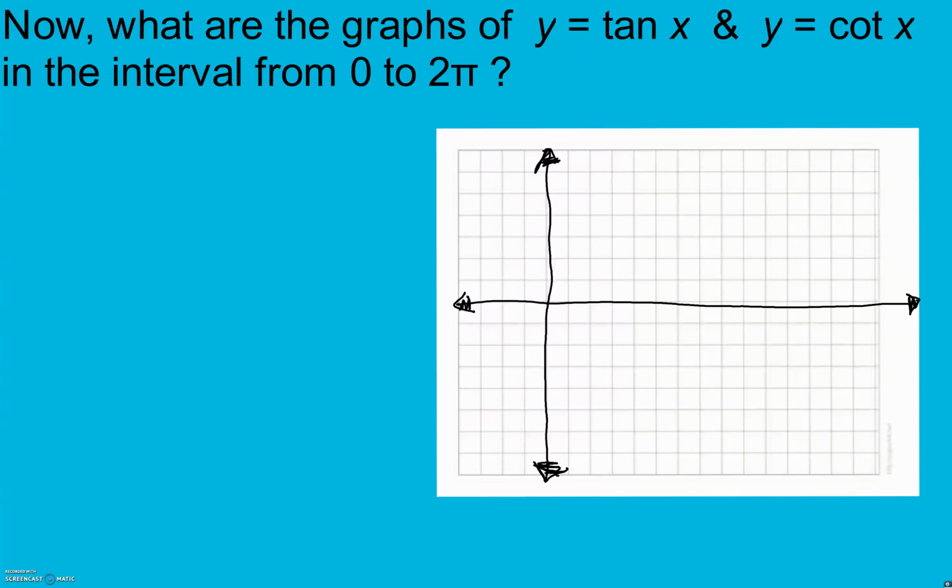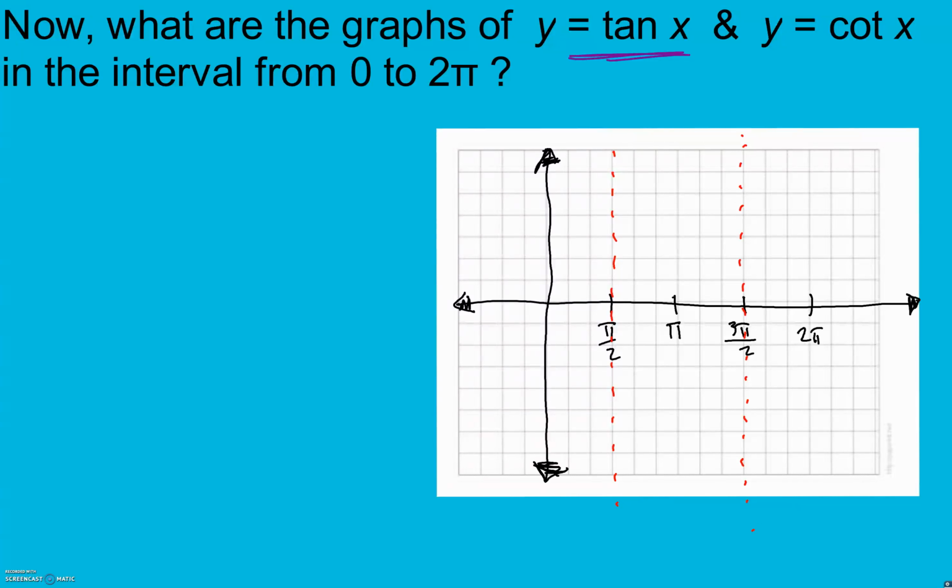Sorry, I forgot to split up my graph here. 0 to 2 pi again, so pi over 2, 2 pi over 2, or just pi, and 3 pi over 2. Okay, tangent has asymptotes at pi over 2 and 3 pi over 2.